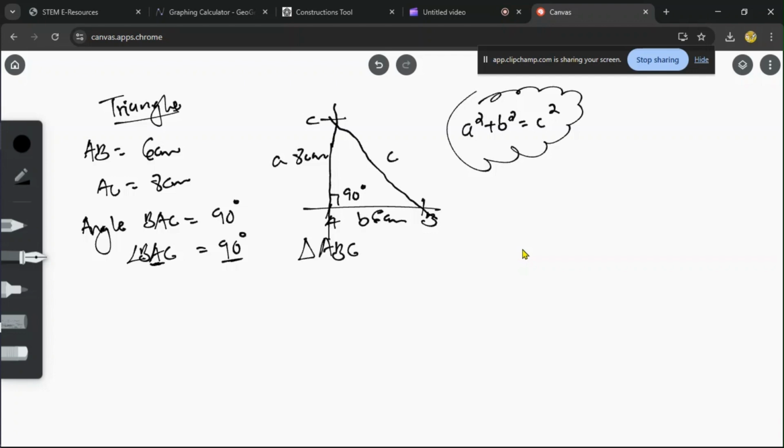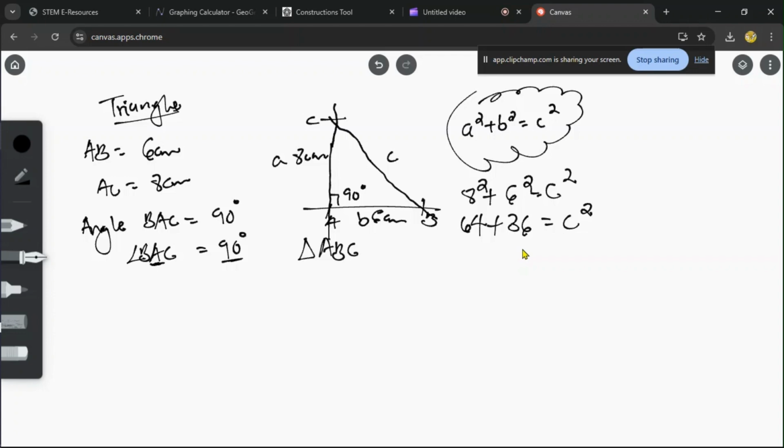So a is 8, so 8 squared plus b is 6, 6 squared is equal to c squared. So 8 squared is 64 plus 6 squared is 36 is equal to c squared.